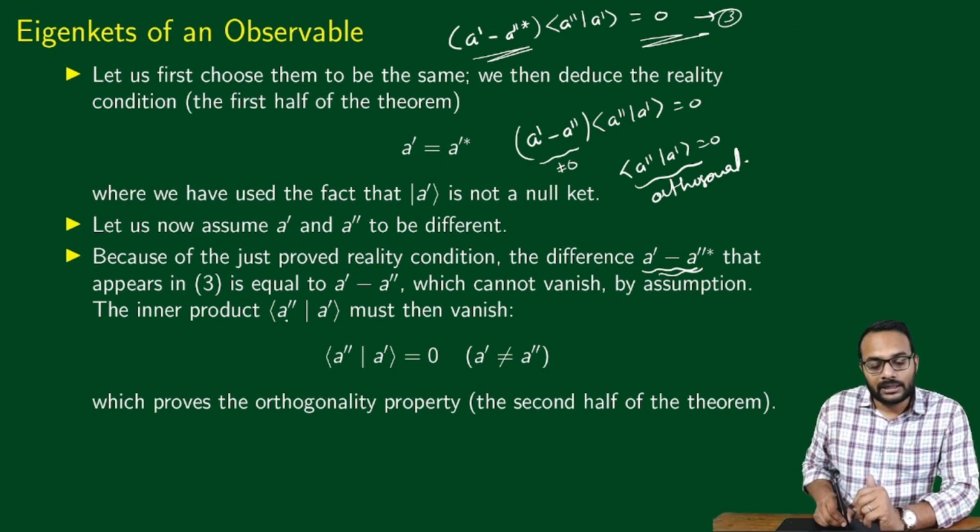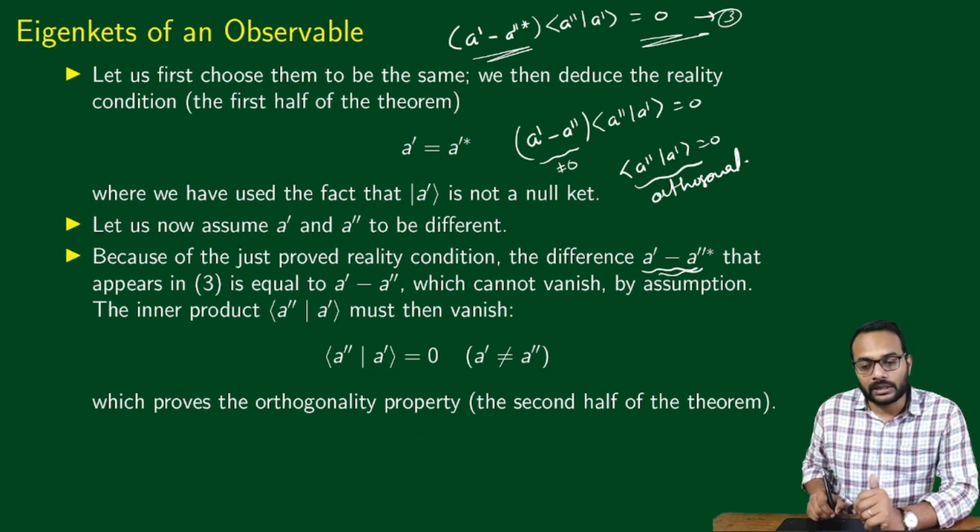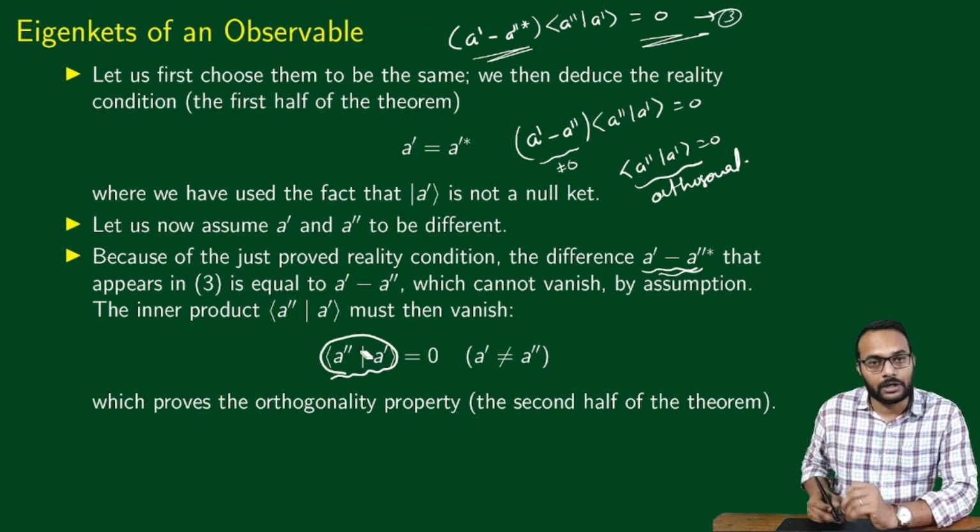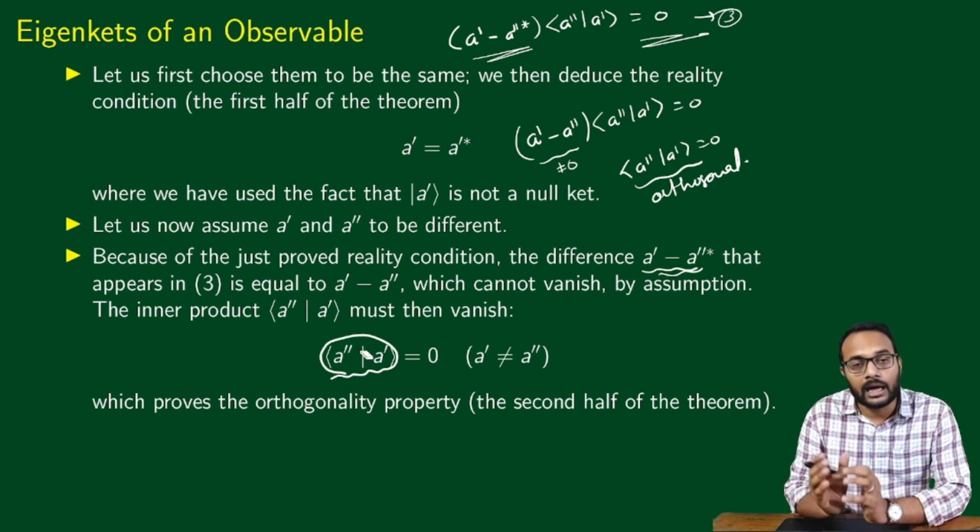The inner product bracket A double prime A prime must then vanish. So bracket A double prime A prime is equal to 0 if A prime is not equal to A double prime, which proves the orthogonality property. This was the second part of the theorem: the eigenvectors corresponding to different eigenvalues of a Hermitian operator are orthogonal.